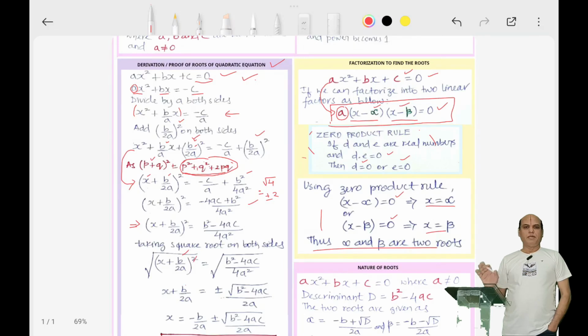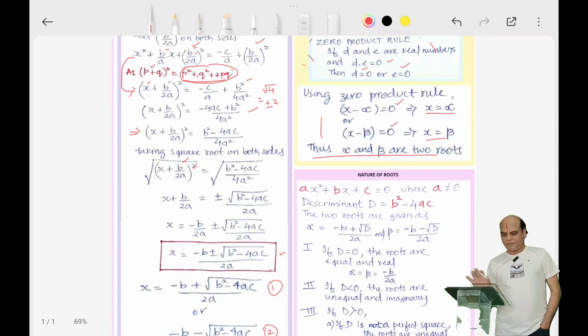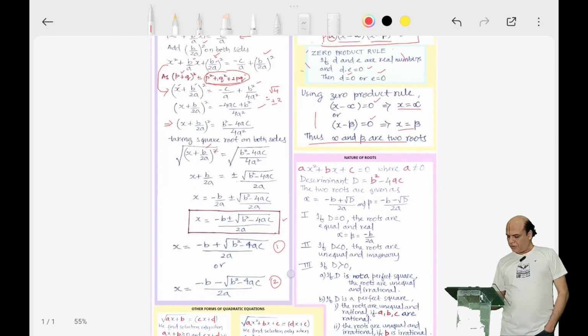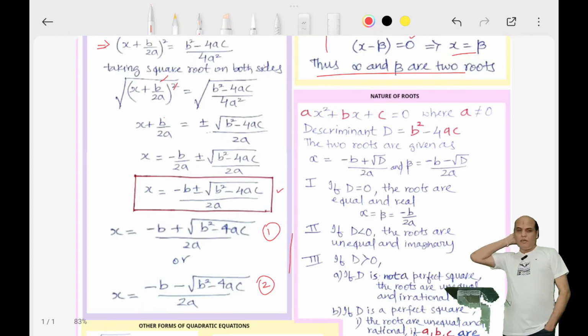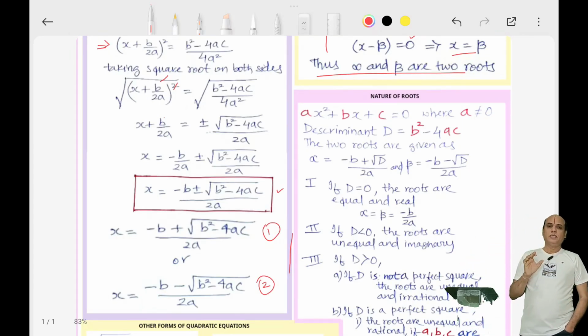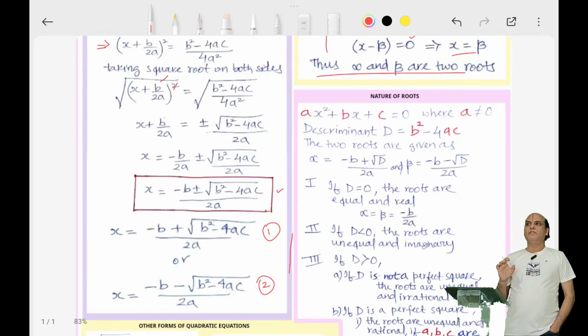So the second method is called factorization. The first method is actually called discriminant method, but we will see discriminant. We will see what is discriminant and all. Okay, clear?